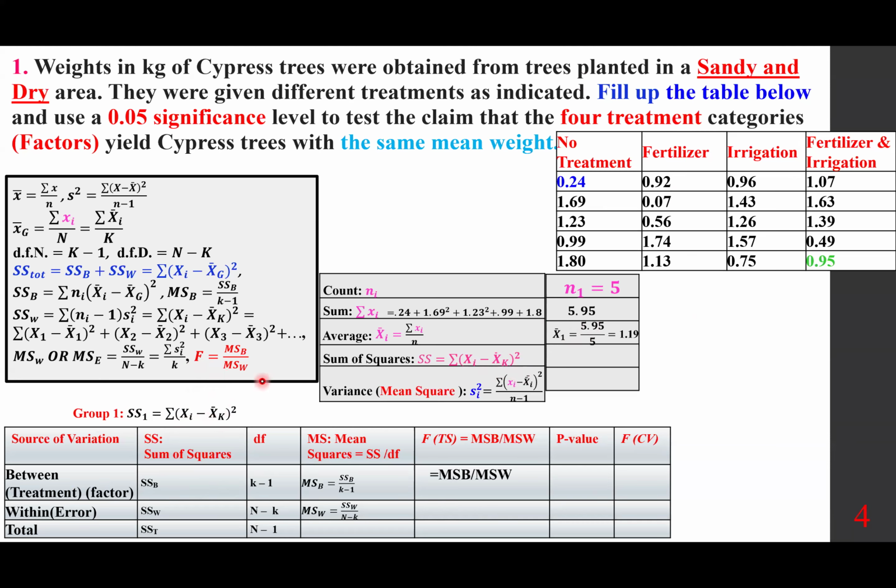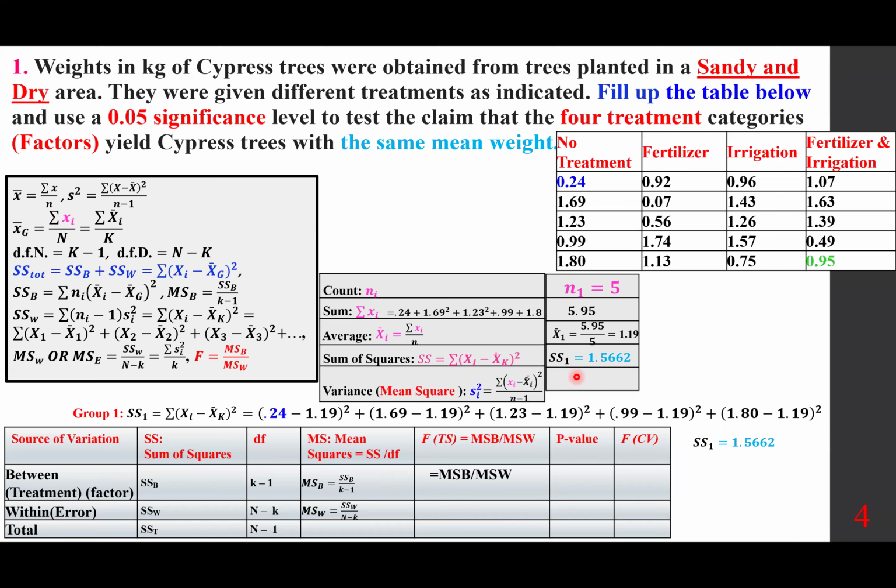That means 0.24 minus the average, 1.19, quantity squared, plus the second one, 1.69 minus 1.19, quantity squared, all the way to the last one, 1.8 minus 1.19, quantity squared, and that is SS sub 1, everybody. Again, I'm showing you the calculation, although I can't emphasize this enough, this is not done by hand.